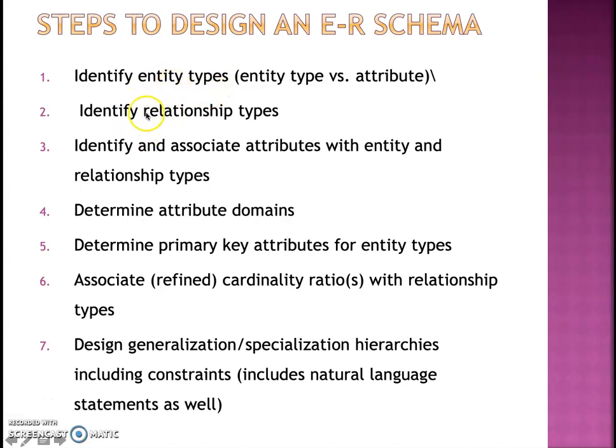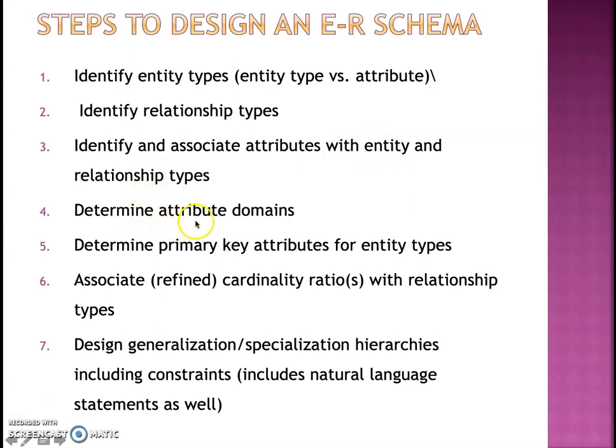Second, we must identify the relationships between these entities. Now identify and associate attributes. Each entity has attributes. All those attributes which are required for our system have to be identified, and one must find the relation between entities, the relationships.